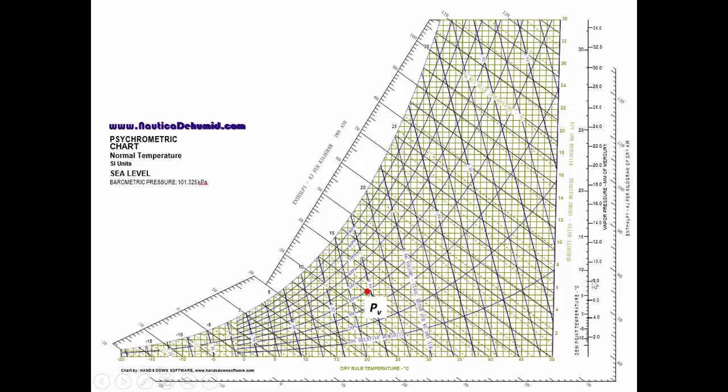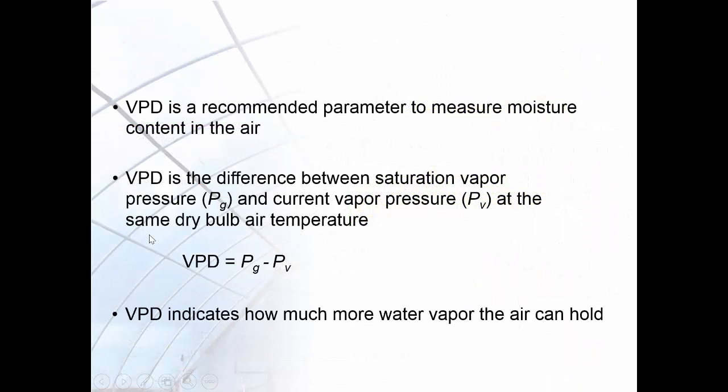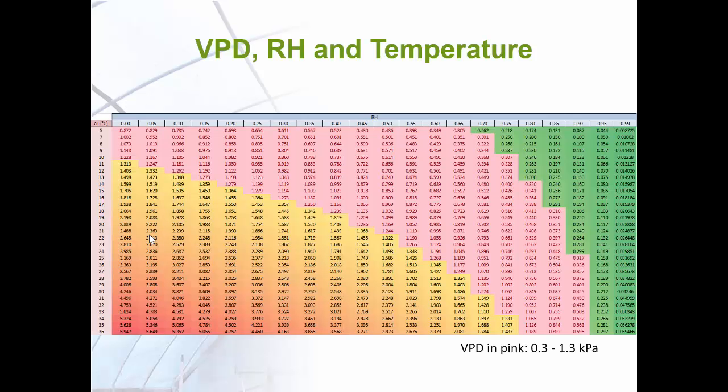So we can determine that at the current state, and at the same temperature and at the 100% relative humidity, which means the saturation point, we can locate the saturation vapor pressure, again using the vapor pressure scale, and the difference between these two points, or between these two pressure levels, defines the vapor pressure deficit. So the vapor pressure deficit again indicates how much more water vapor the air can hold at a given temperature.